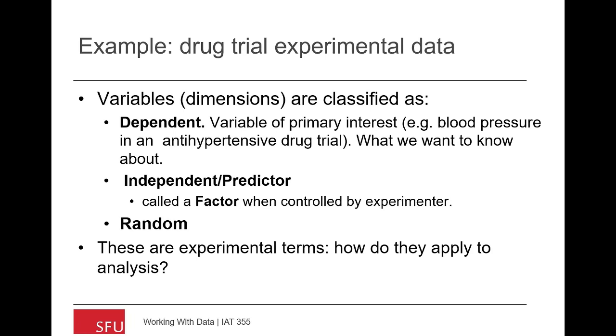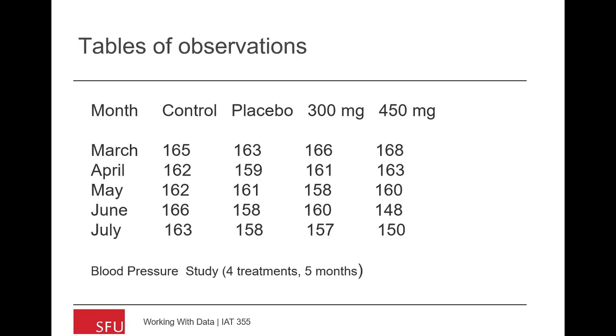For example, a random variable might be whether the person smokes or not, or whether they have heart disease or arthritis, or any other kinds of things that might affect the outcome of an experiment that is measuring the effectiveness of a drug. These are all experimental terms, and you might have to figure out how they apply to the analysis of experimental data that comes out of the result of doing a trial like this.